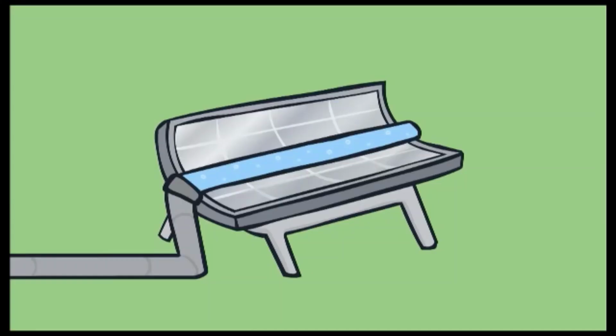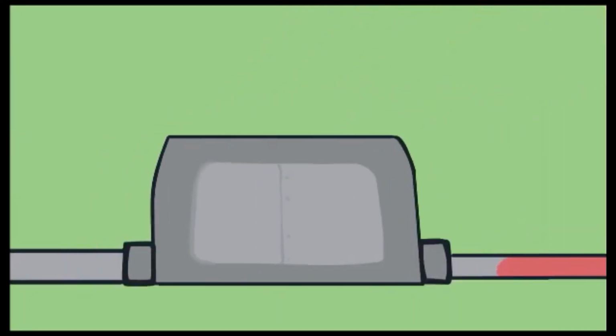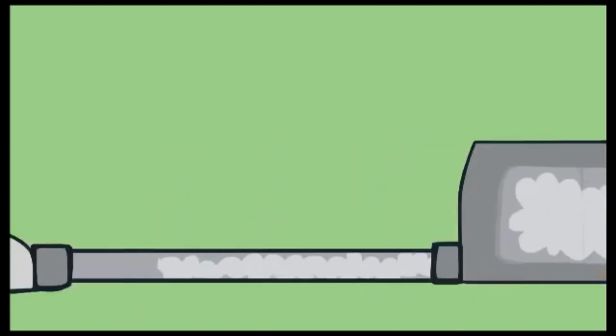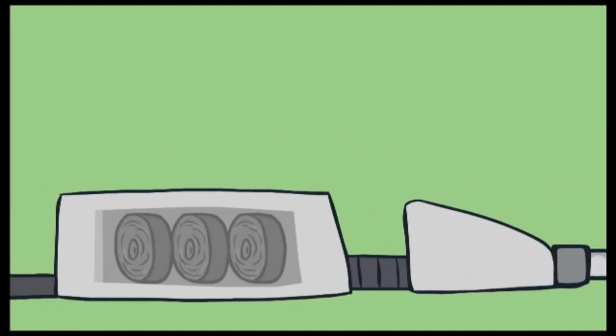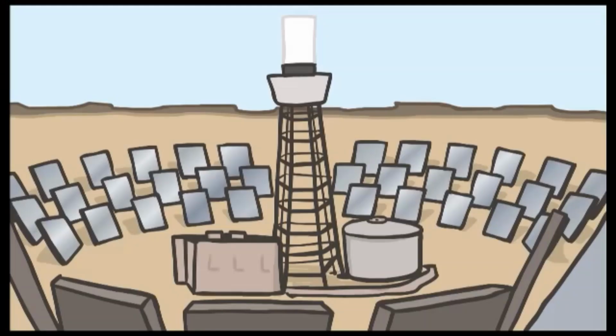Solar thermal electric power plants generate electricity by concentrating solar energy to boil water, which then produces steam. This steam turns a turbine, which moves a generator to produce electricity. Solar thermal electric plants consist of fields of mirrors to reflect the concentrated sunlight onto a receiver.